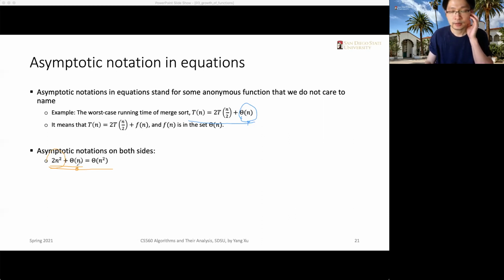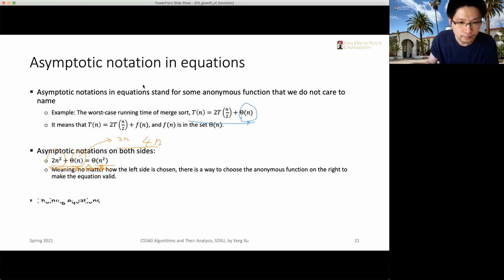And if we use the equal symbol to connect the left and right, it basically means that compared to the quadratic term 2 times n squared, the linear term can be ignored. No matter how this linear term changes, it can be 2 times n, it can be 4 times n, it can be any number times n, we can always rewrite a quadratic term that grows as fast as the left side.